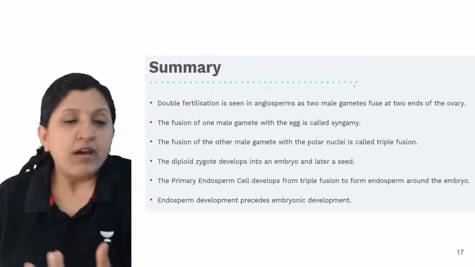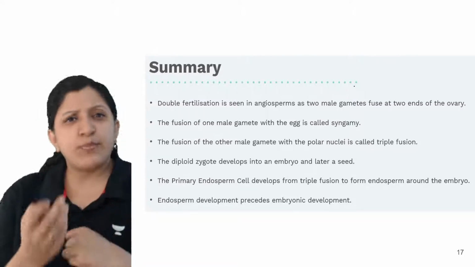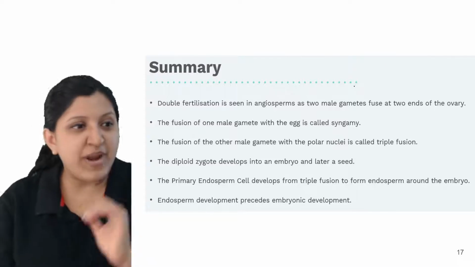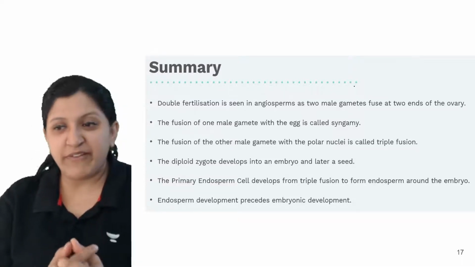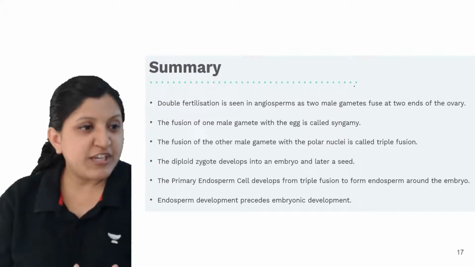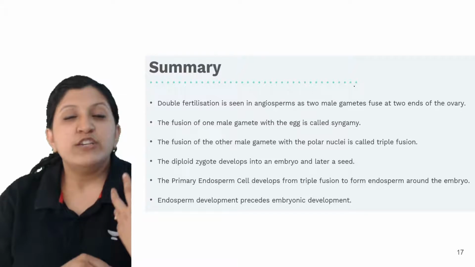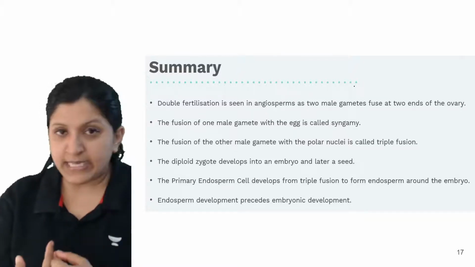Let's say development has to occur: the embryo has to undergo cell division, then form different branches like the root system and shoot system, everything has to be developed, right? So for that, the nourishment is needed at the initial level when it is just a seed. Basically the endosperm is the one providing nourishment.